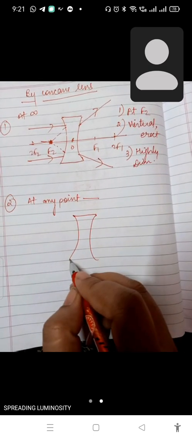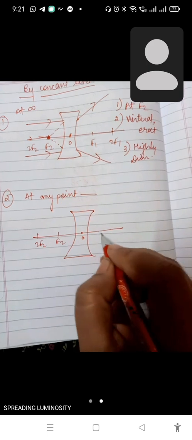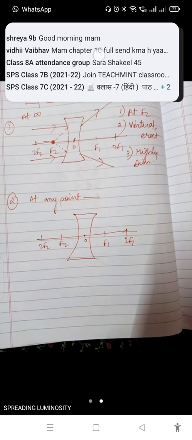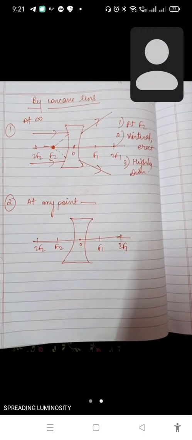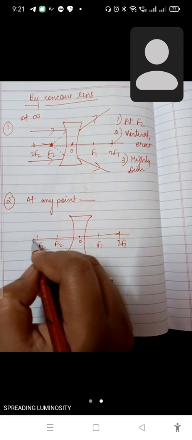The second condition is when the object is placed at any point on the principal axis. Optical center, focus. At any point the object is placed, suppose the object is placed here.